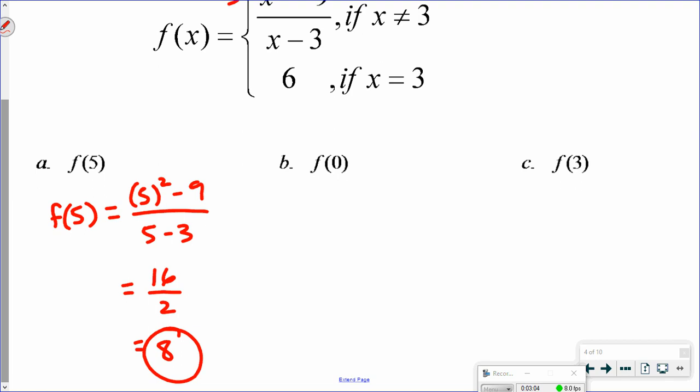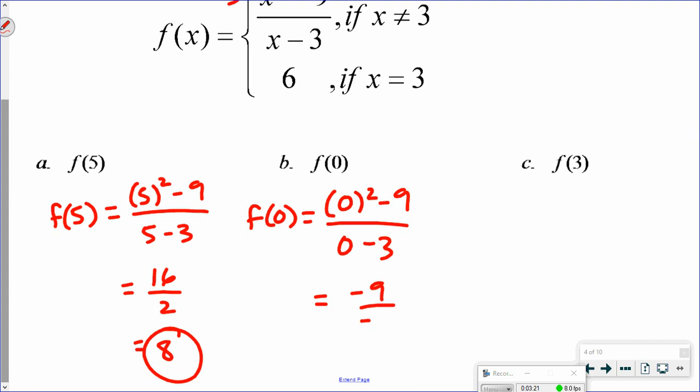Okay. Feel free to pause this at any time, too, if you want to work it out on your own. Okay, for f of 0, well, that's not 3, so I still want the top. So that's -9 over -3, which is 3. And f of 3. So if x equals 3, then f of x equals 6.